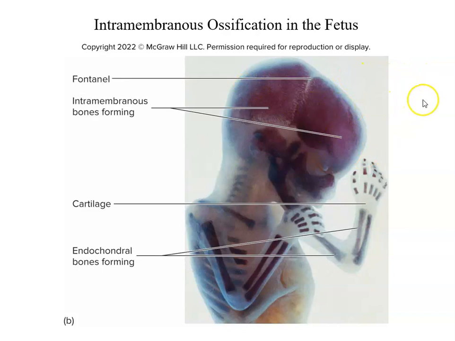The skull bones don't fuse until after we're born. This creates the ability for the skull to compress, allowing for the progress of the skull through the birth canal. And it also allows for rapid growth of the brain after birth. And then about 6 months in, these fontanelles will close up.